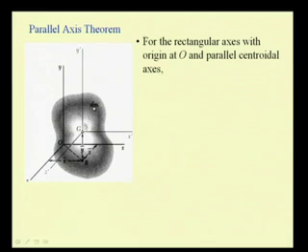Let us consider the plane x z, and in the parallel axis system the z prime x prime plane. G is the centroid of this rigid body, and the coordinate system x prime, y prime, z prime has its origin at this centroid G.